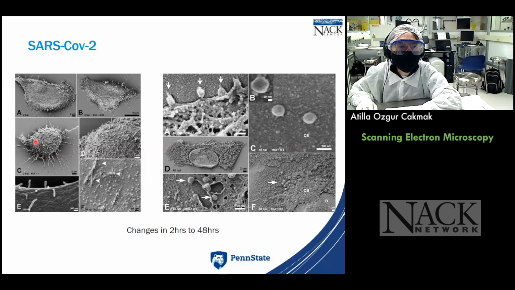You can see the difference: at 2 hours, the cell shows almost no sign of coronavirus. Around 48 hours, you see how immensely they are infested. So that's the outcome. And these are nano-sized, tens to hundreds of nanometer coronaviruses out there.